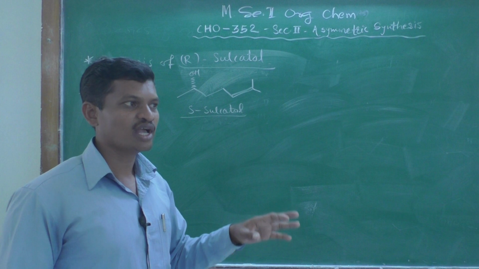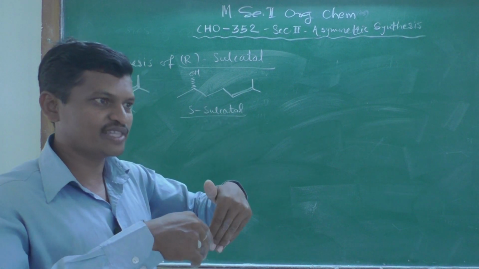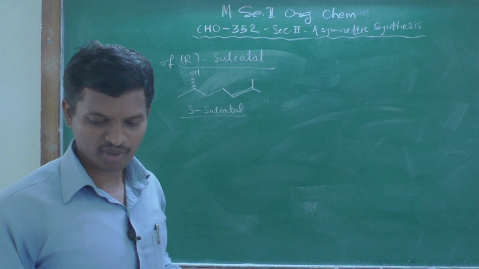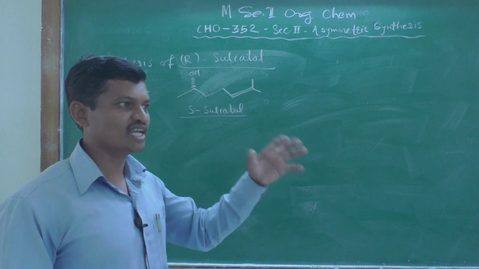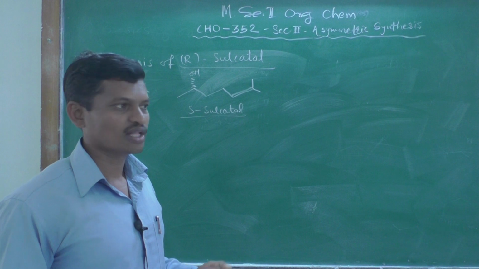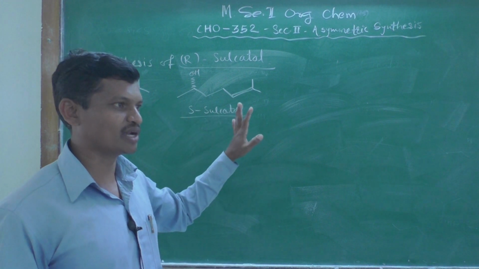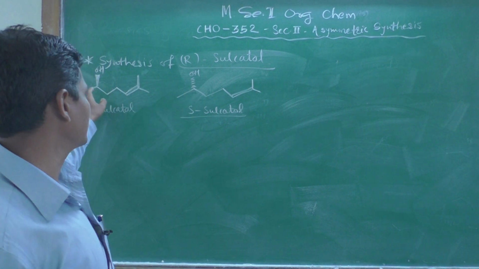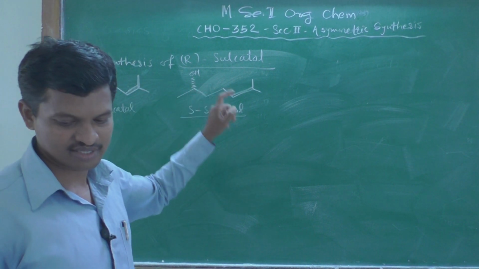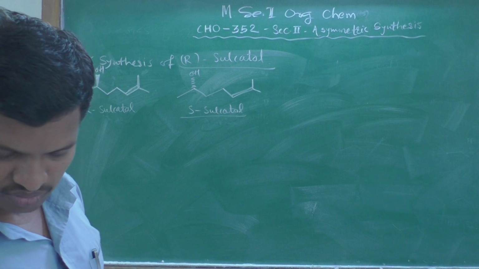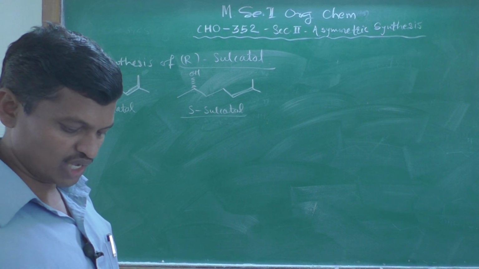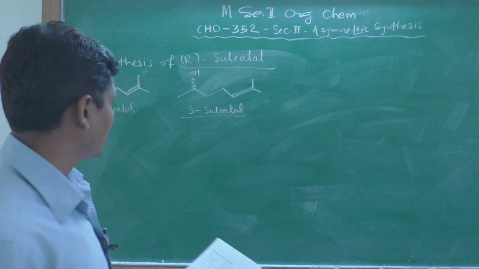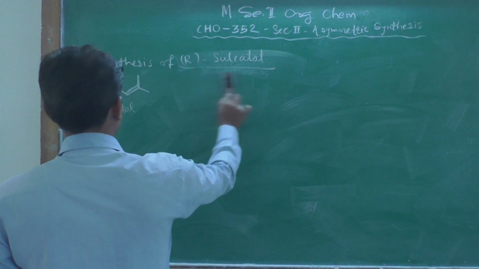We have to prepare enantiomerically pure R-sulcatol and S-sulcatol, and mix them in the proper ratio of 65 to 35. So it's a challenge how to synthesize these two molecules separately. The only difference is that the stereochemistry of this chiral center is different. This is R and this is S. So first of all, we have to do the synthesis of R-sulcatol. See here.